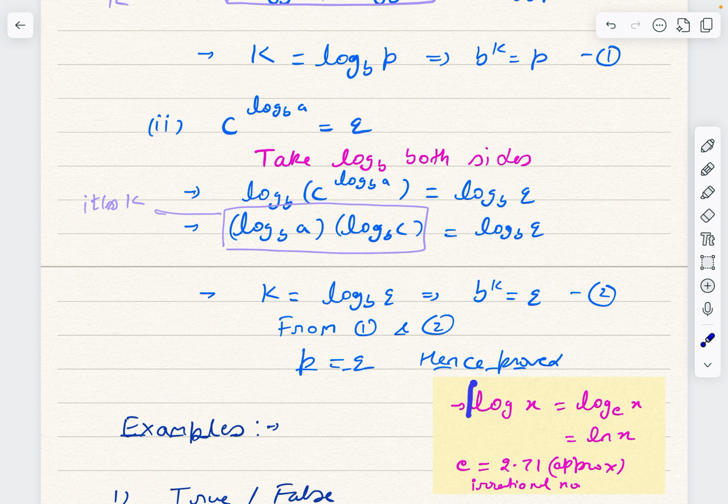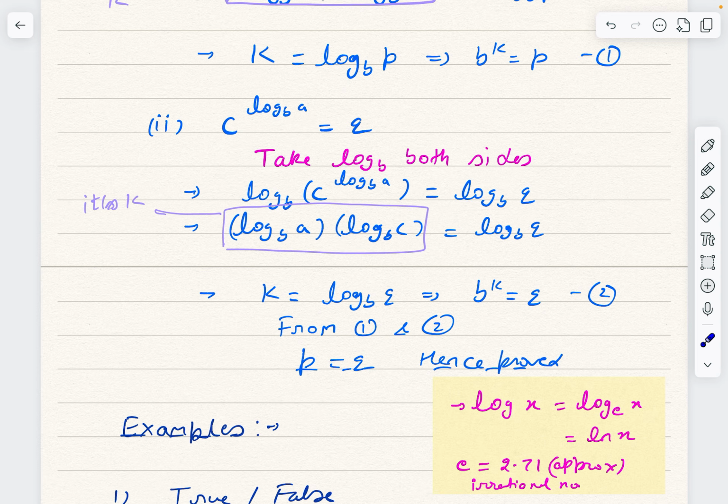So wherever you see log x, log base e of x, or ln x, they all mean the same thing. The base in all of them is e. What is e now? e is an irrational number. Its value is approximately 2.71. e is the exponential number whose value is approximately 2.71. This is what you need to know right now.